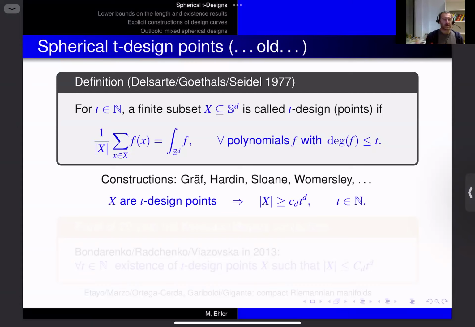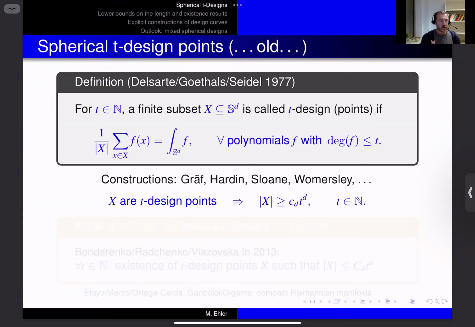with many different ways of numerically and also analytically constructing such finite point sets X that are T-designs. I put just a few names out there, but this page should really be covered with different names. So there has been huge research effort over the years.